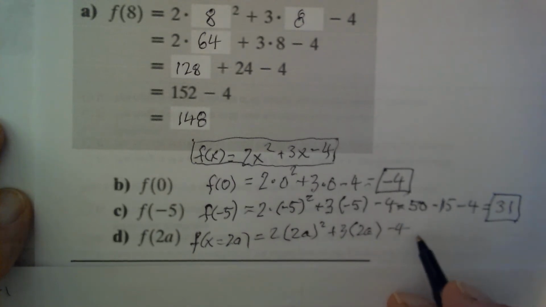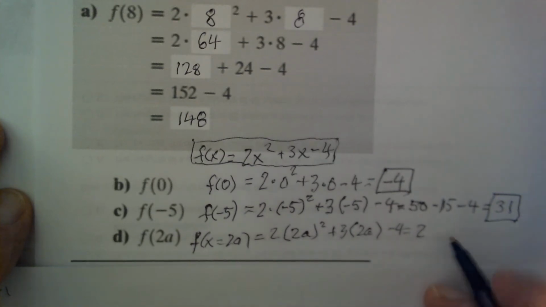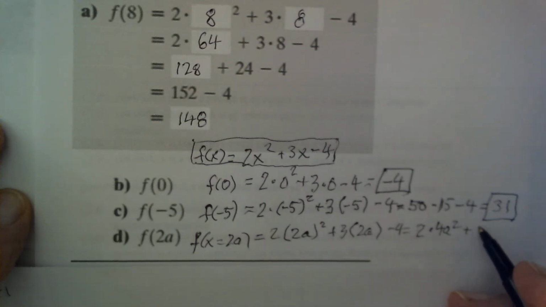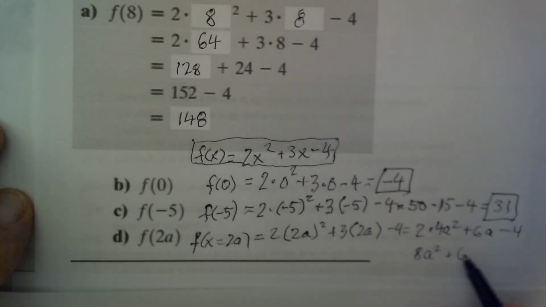So that means 2 times, and 2a squared means 2 times a times 2 times a. That would be 4a squared. And 3 times 2a would be 6a minus 4. And so we only have now to calculate 2 times 4a squared. So that would be equal to 8a squared plus 6a minus 4.